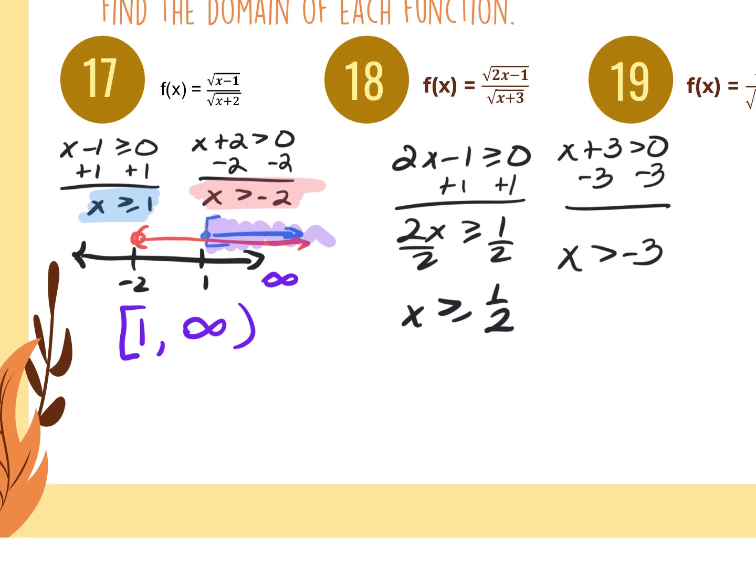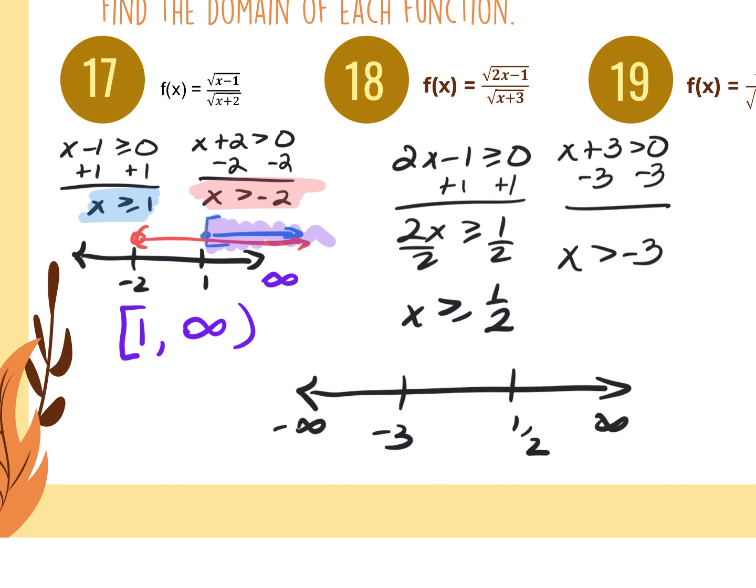And again, on my number line here, I'm looking for where it is both. So I'll go ahead and graph the first one in blue. Closed circle or a bracket on the 1/2, going to infinity.